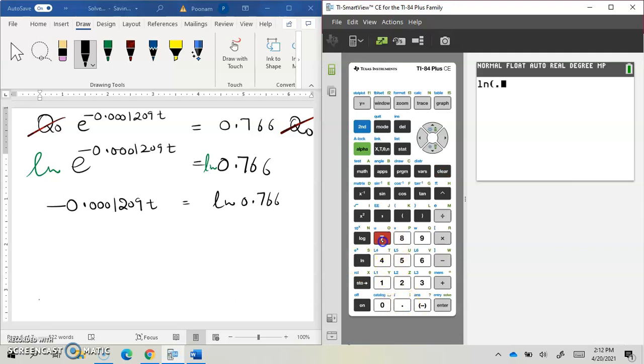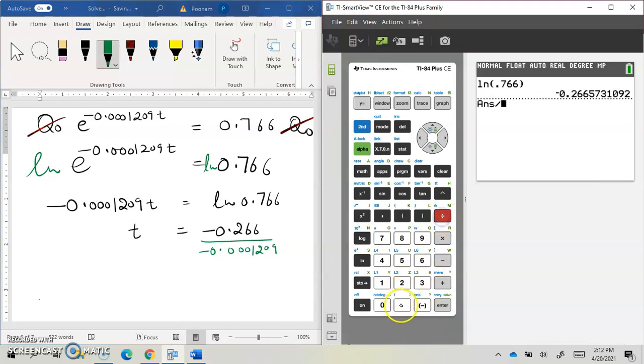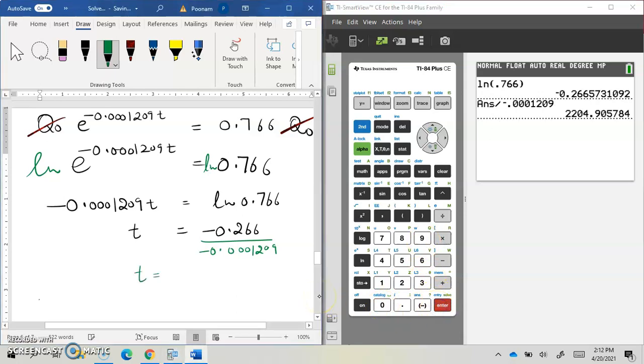Natural log of 0.766. We need to find t, so we'll have to divide both sides by this number. So that fossil which we have found is 2205 years old.